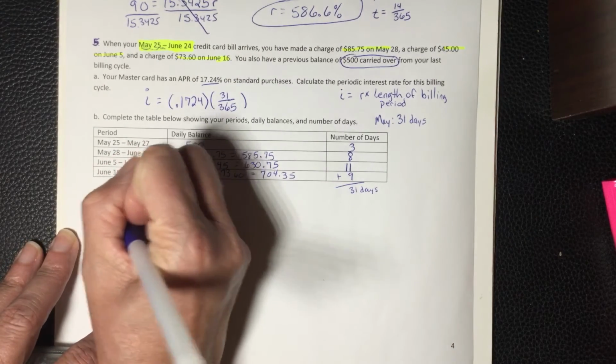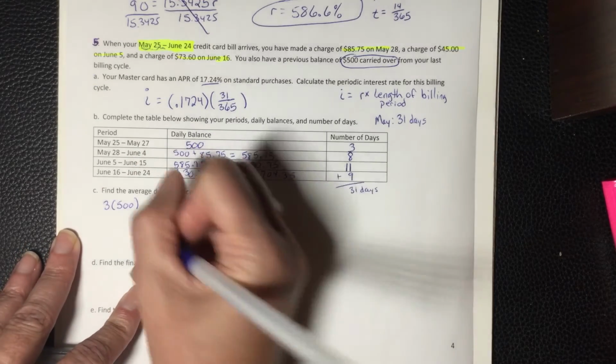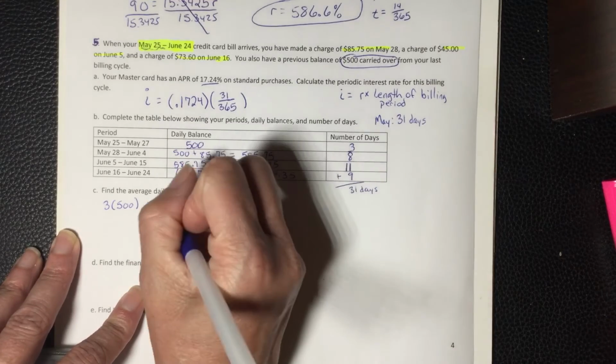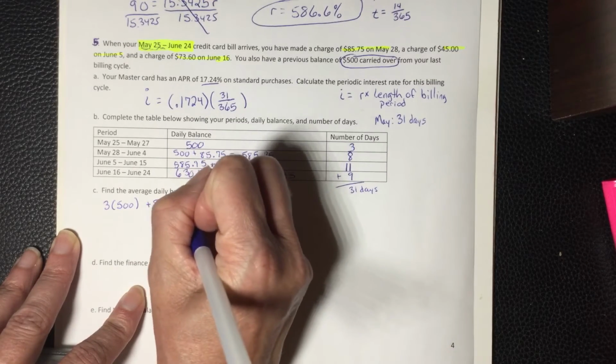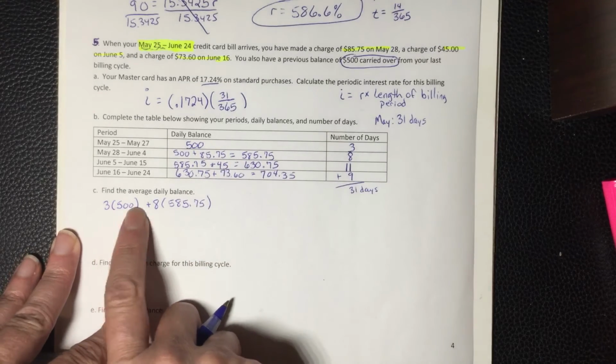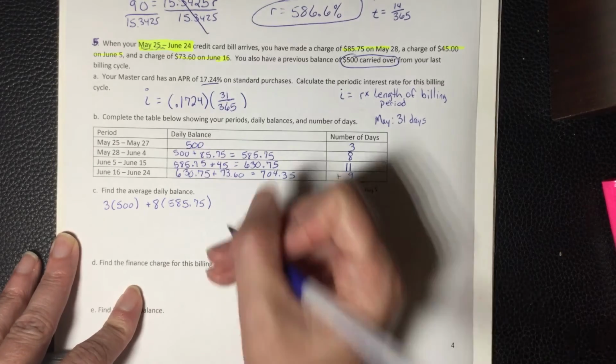So to make that a little bit easier, we're going to do it this way. We had 3 days at $500 plus 8 days at $585.75. This would be the same as writing the 500 out 3 times and writing this out 8 times. It's just a little bit easier.